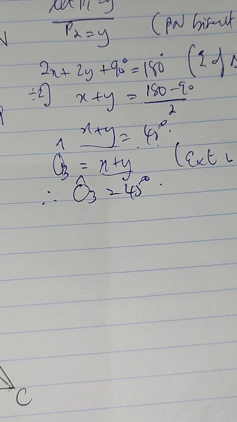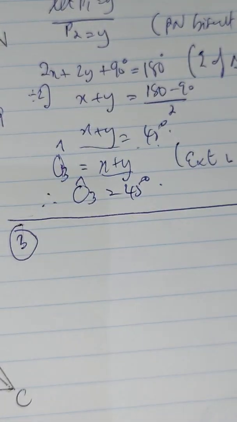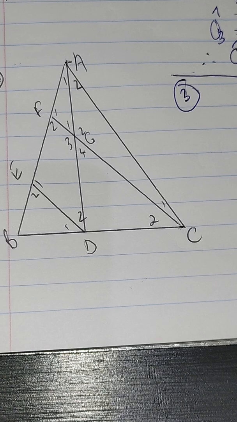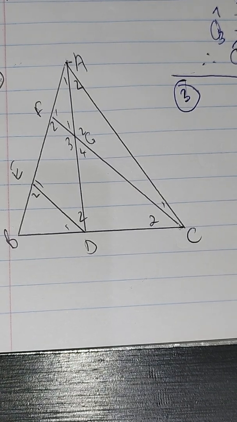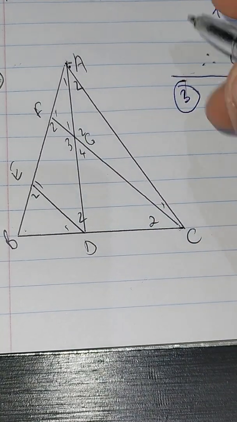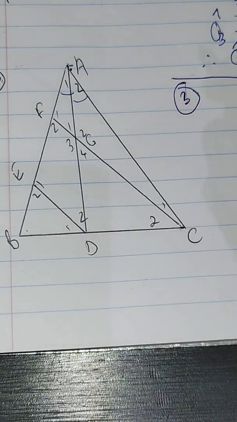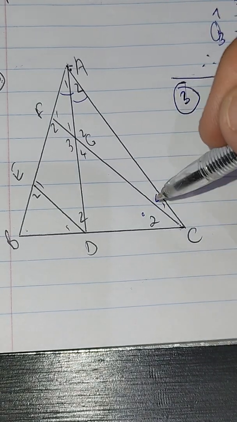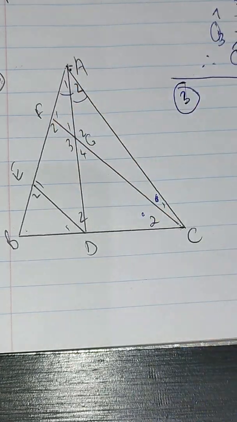Okay, let's look at number 3. In number 3, we are told that in triangle ABC, so that's a big triangle, A1 is equal to A2 and C1 is equal to C2. What do you notice? I mark it differently. Otherwise, if they had said A1 is equal to A2 is equal to C1 is equal to C2, then we would get all the same marking.